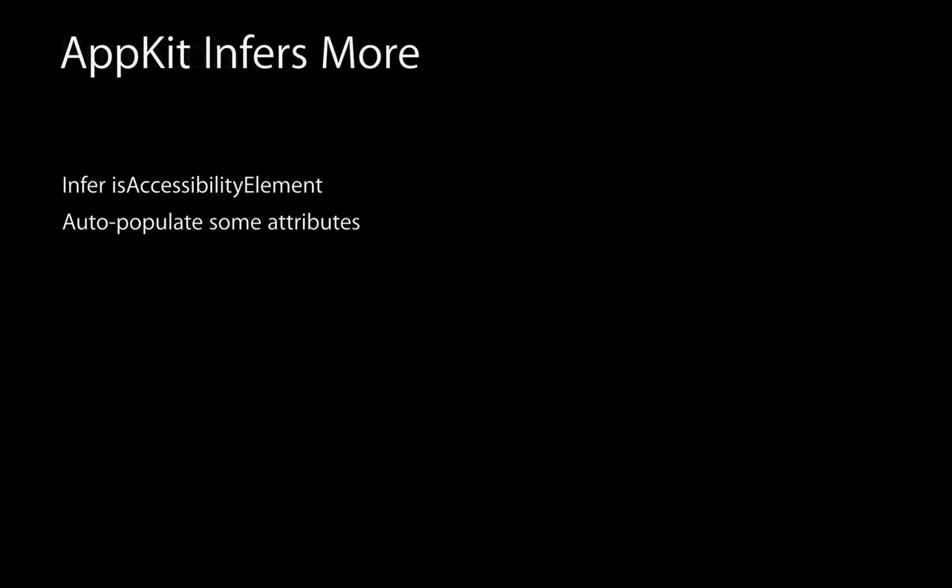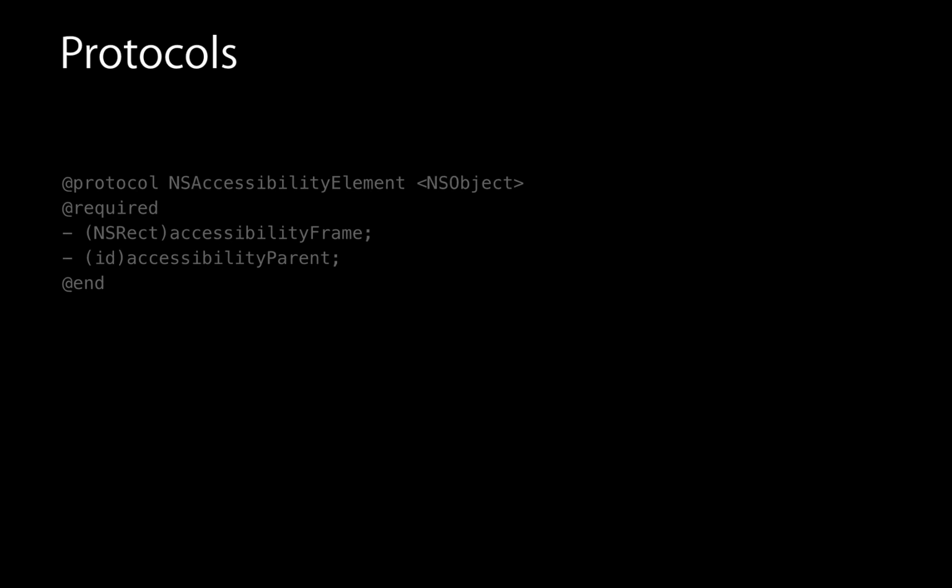So as you can see how easy it is to use, I also want to give you a little bit more detail about these protocols. First of all, there's the base protocol, which we call the NSAccessibilityElement protocol. It has a few required methods like the frame and the accessibilityParent. Those are basic information that all accessibility elements should have.